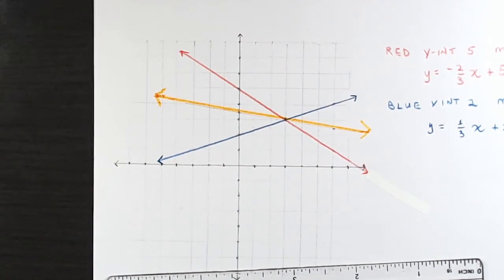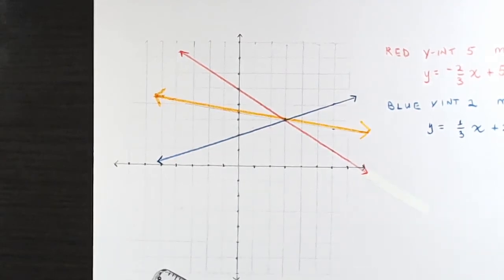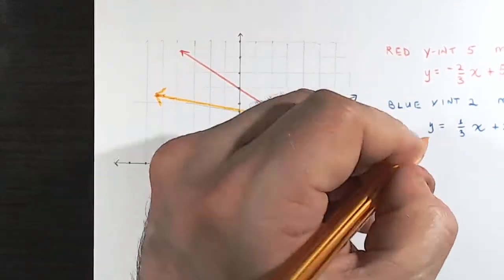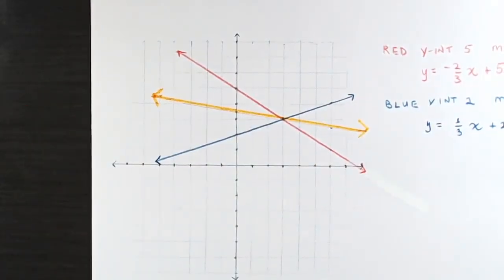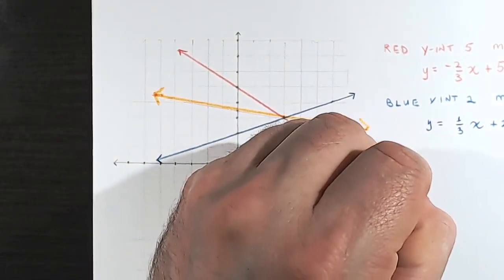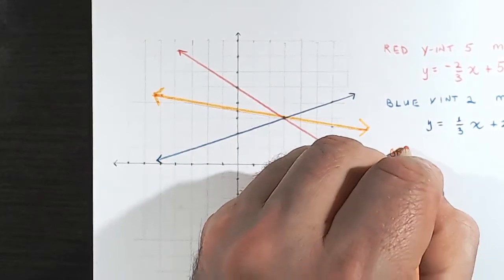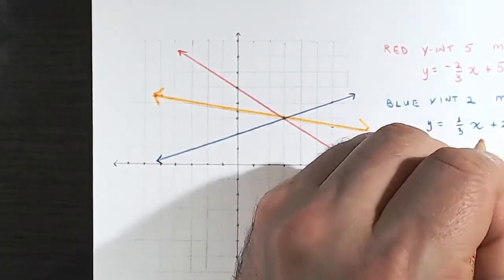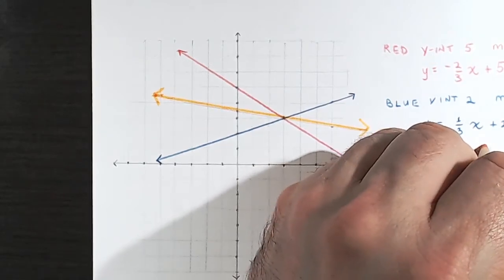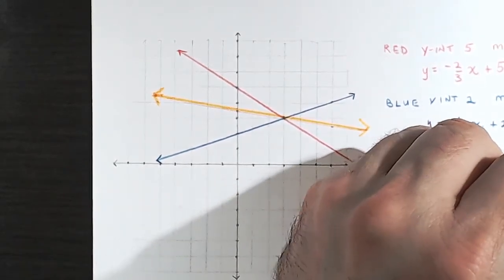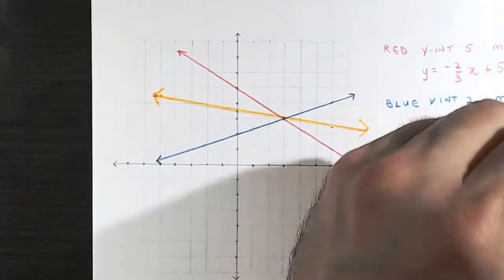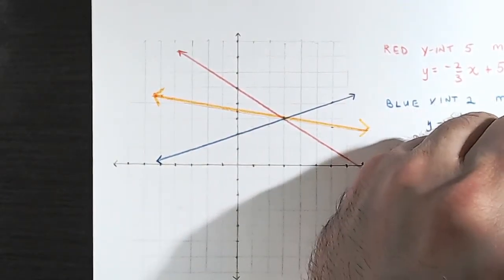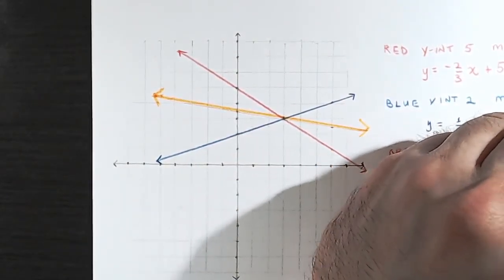So let's compare these equations now, because I'll have this third one. I should probably get a pencil that's colored orange. Okay, so this is my orange equation. My y-intercept is 3.5, and my m is negative 1/6.